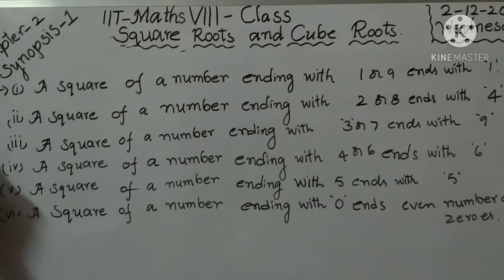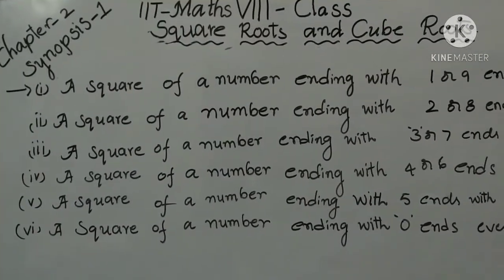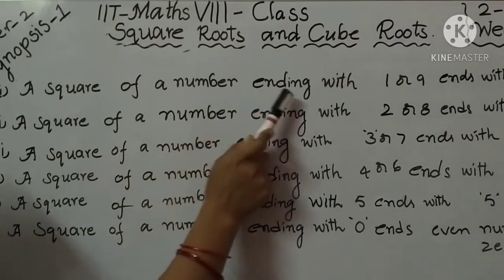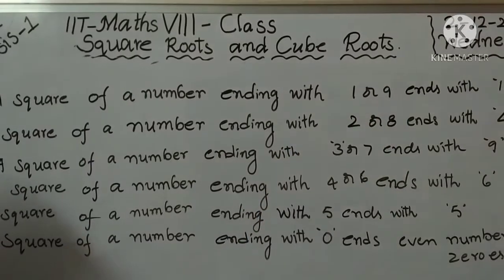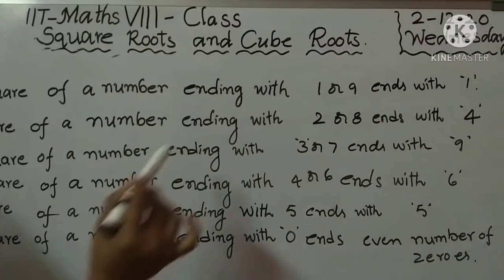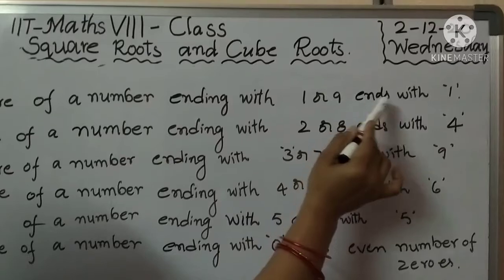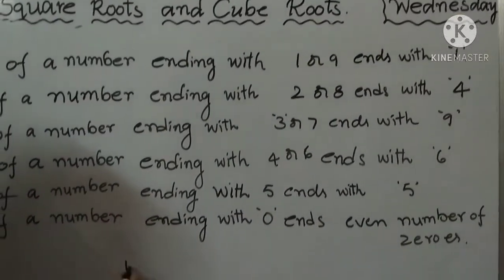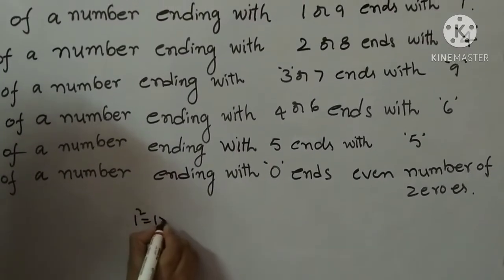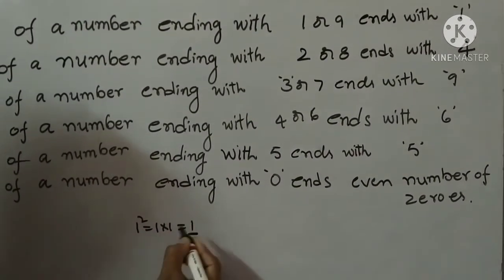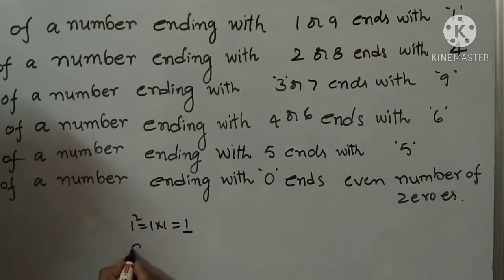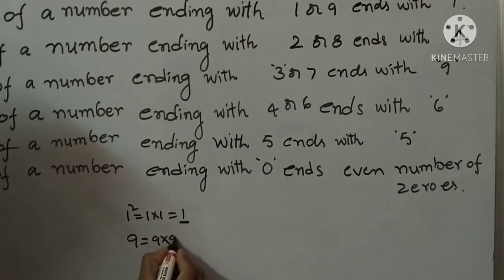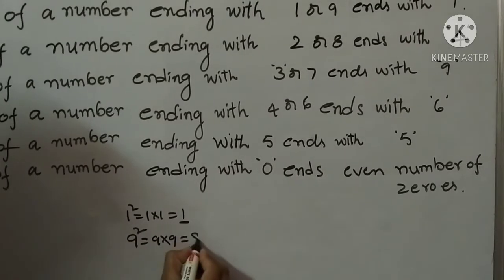Next property. So here observe that a square of a number ending with 1 or 9 ends with 1. For example, 1 square equals 1 into 1, the ending is 1. Okay children. Next 9 square, 9 9s are 81.